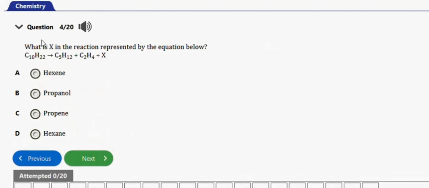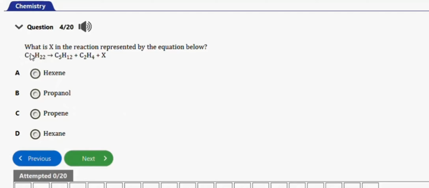The next question says what is X in the reaction represented by the equation below? Looking at this equation, this shows us that our X will be propane. When you express this reaction on paper, you're going to arrive at propane as the value of X. I already attempted this question before, so I got propane.